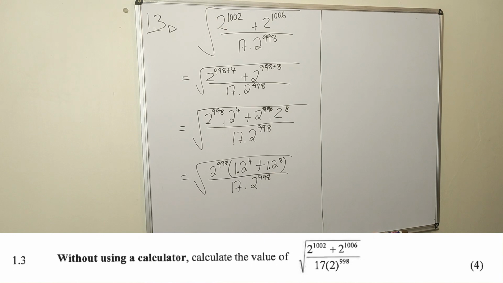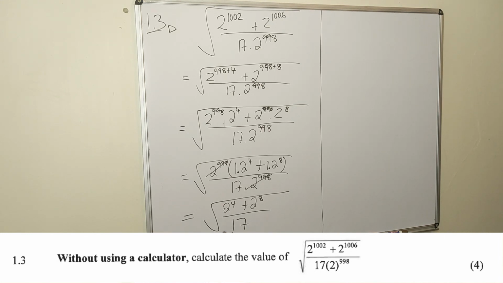Close that bracket. Then you will realize that this guy and that guy cancel out. What are you left with? You have 2 raised 4 plus 2 raised 8, all divided by 17.